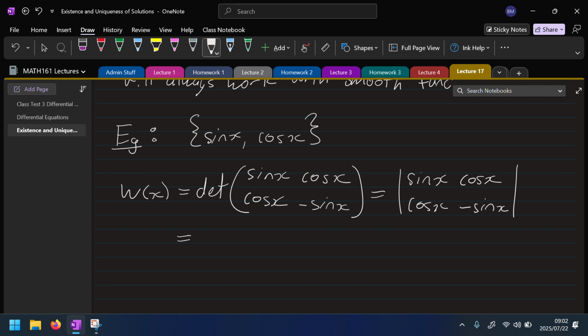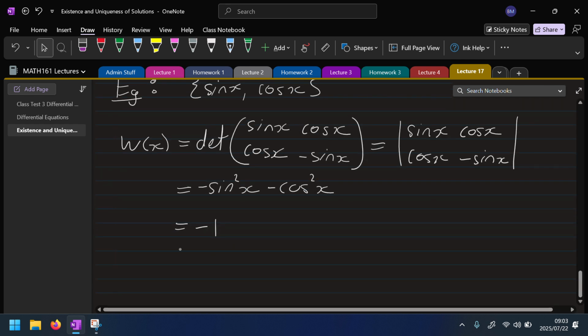Okay, so we want the determinant. So this is going to be sin x times minus sin x, so minus sin squared. Okay, and then minus cos squared. Okay, but minus sin squared minus cos squared, that's minus 1. And minus 1 is definitely non-zero.